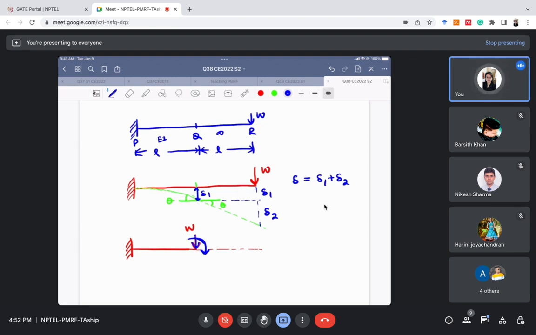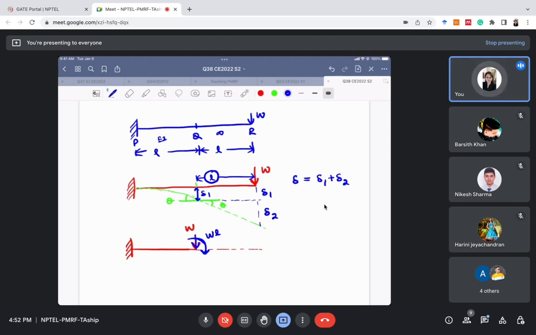The load will be W and the moment will be W into L, because this length was L. So please note this concept. Whenever we shift a load, we apply a moment in that particular direction, and the value of that moment will be W multiplied by the length with which we have shifted the load. This may be a new concept for you, but it is useful in this case.